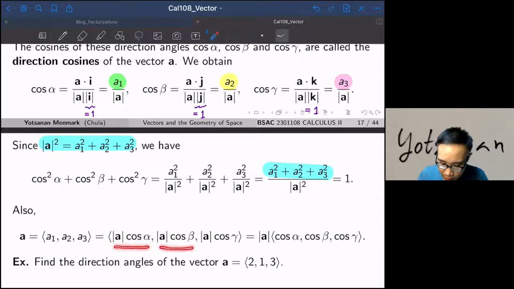So these are the terms that you have here. So you have the vector A equal to norm A times cos alpha, cos beta, cos gamma.